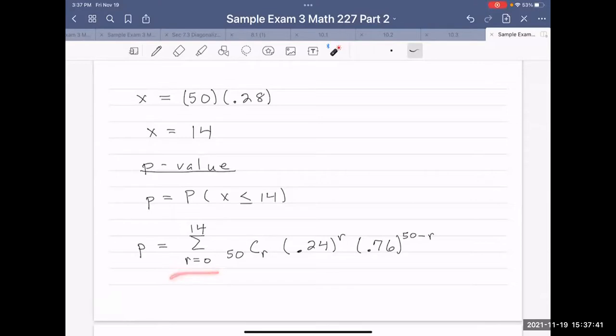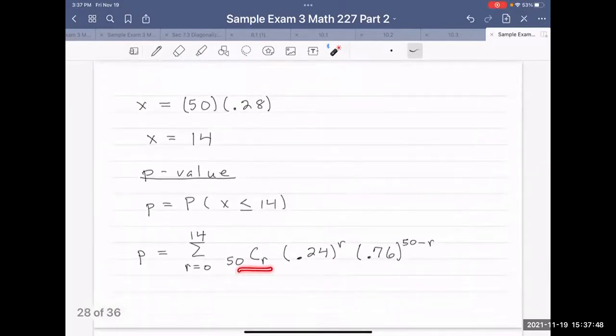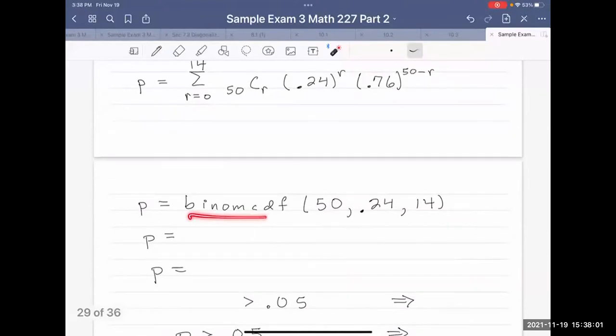So the sum from r equals 0 to 14 of 50 choose r, using the binomial probability formula, 50 choose r times 0.24 to the r, 0.76 to the 50 minus r. I'm going to just do it on my calculator: binomcdf 50, comma 0.24, comma 14.